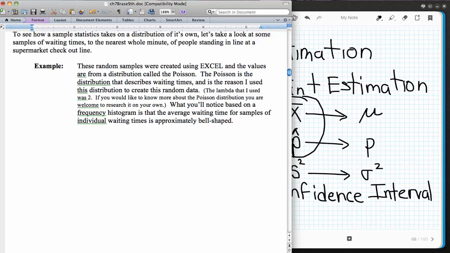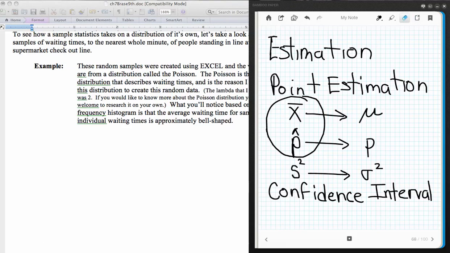And the larger the sample, the less the deviation from the actual mean. That's really what we want to take away from sampling distribution studies.